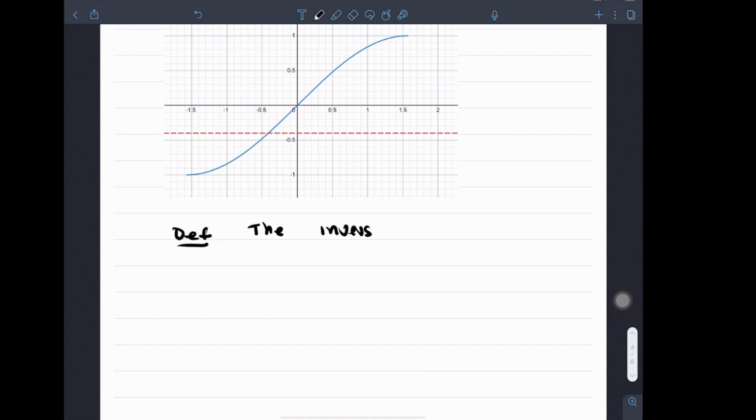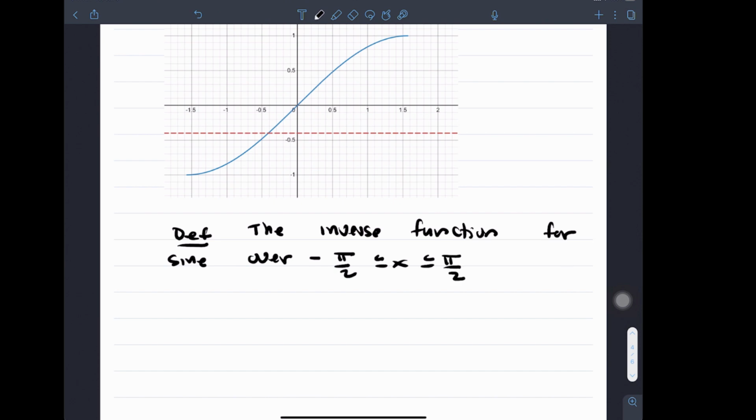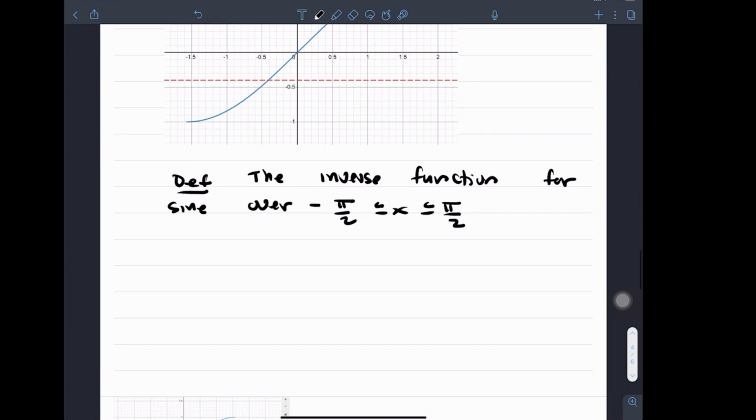The inverse function to sine, because it's 1 to 1 over your restricted domain, negative pi over 2 less than or equal to x less than or equal to positive pi over 2, becomes the following.